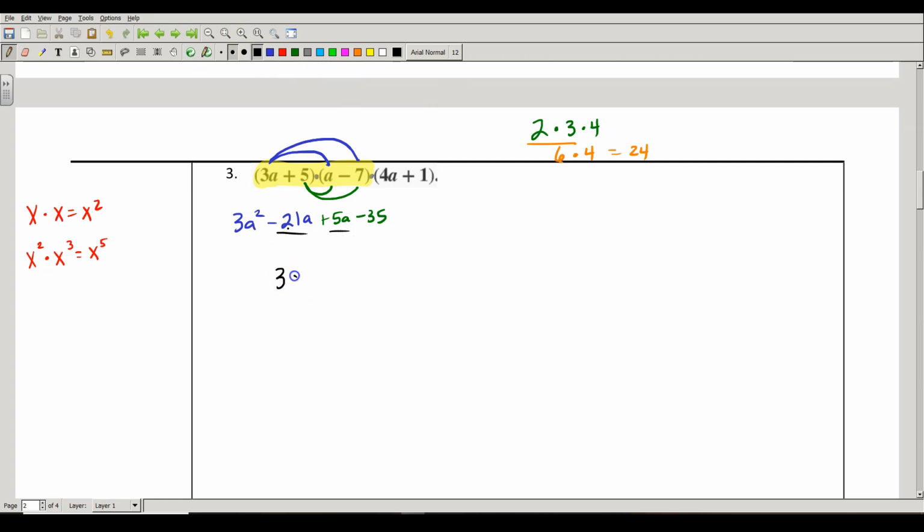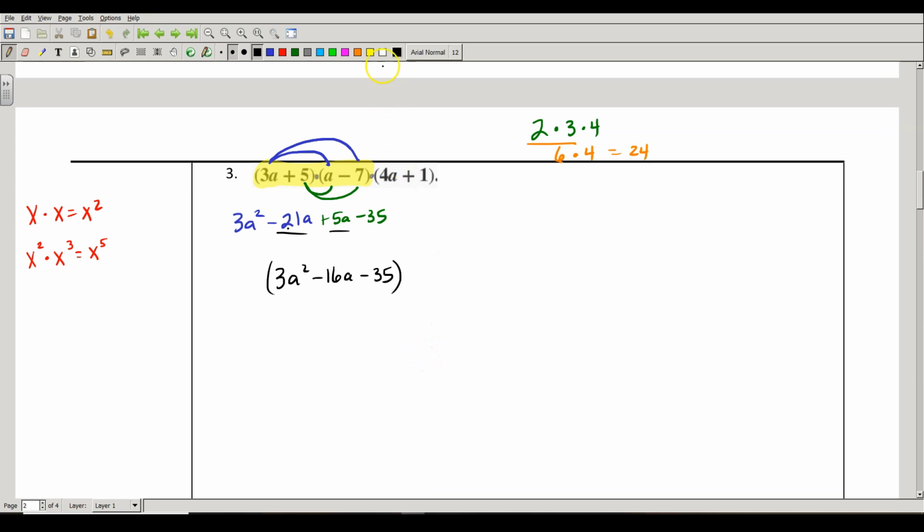So now I have 3a squared, and then how many a's do I have here? I have negative 16. So minus 16a minus 35 is the result of that first multiplication. So there's my answer for just multiplying the first two together.